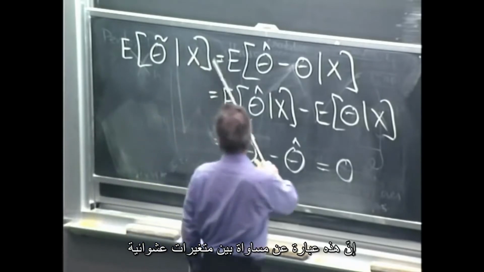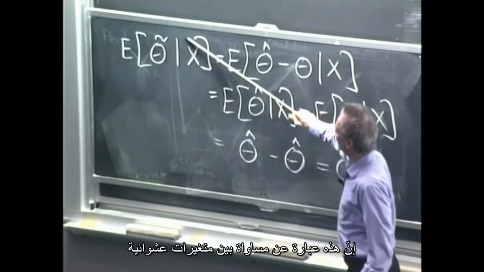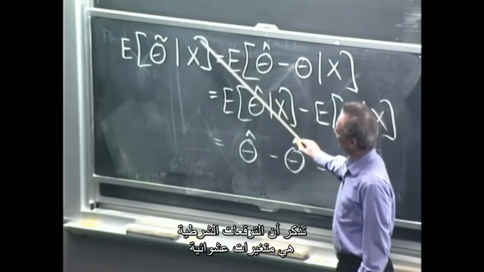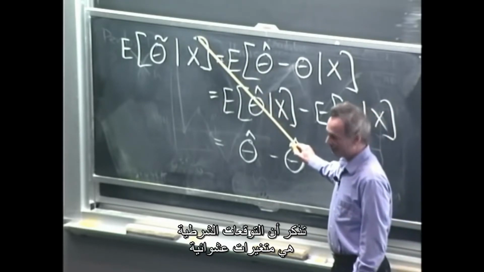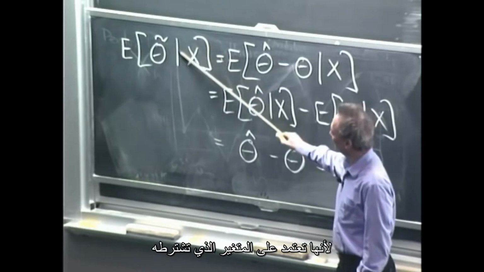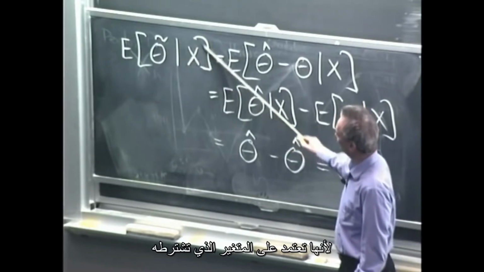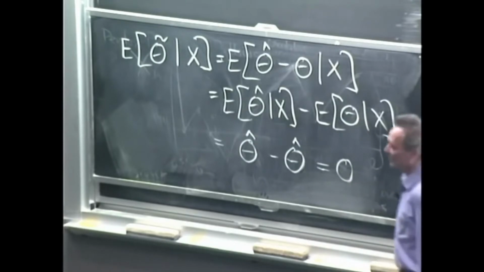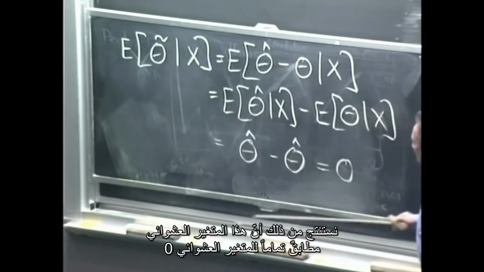This is a statement involving equality of random variables. Remember that conditional expectations are random variables because they depend on the thing you're conditioning on. 0 is sort of a trivial random variable. This tells you that this random variable is identically equal to the 0 random variable.